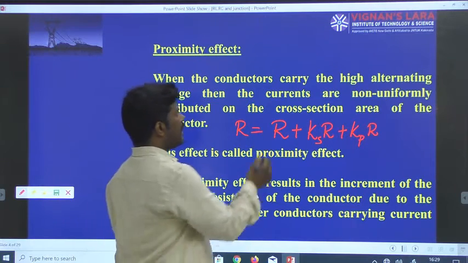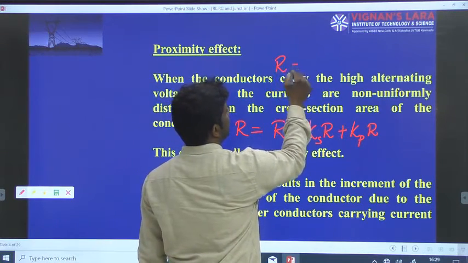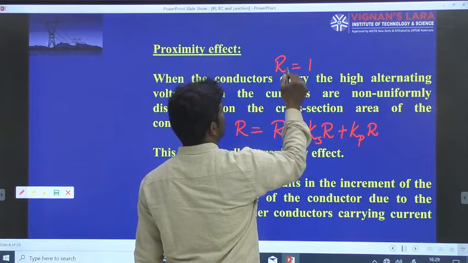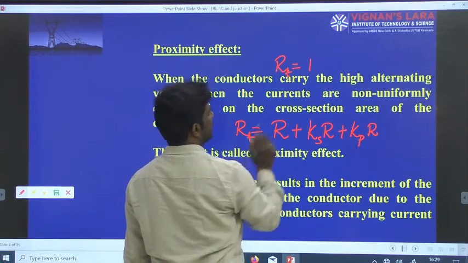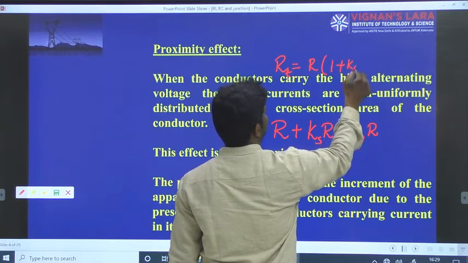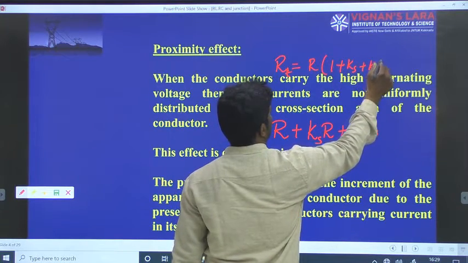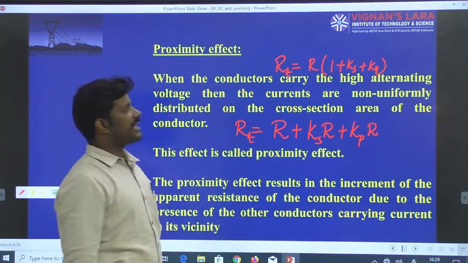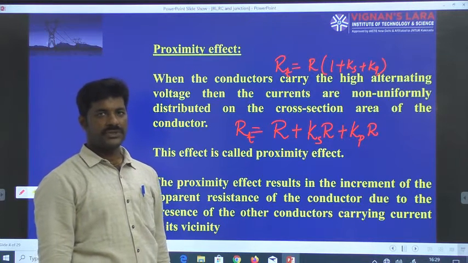So overall, the total resistance R total is equal to R into (1 plus Ks plus Kp), where Ks is due to skin effect and Kp is due to proximity effect.